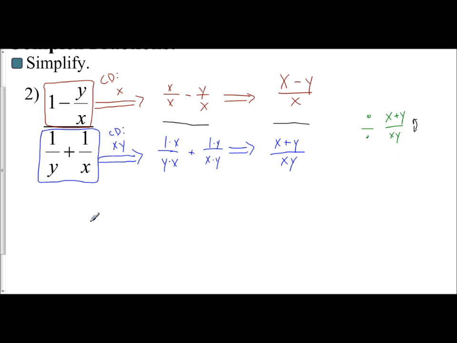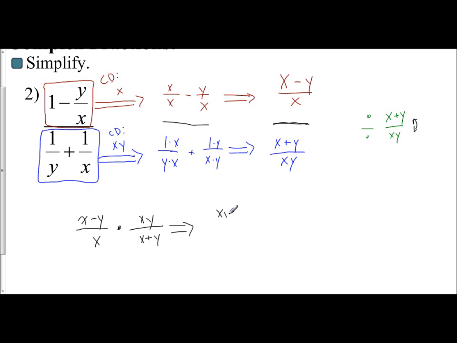So I have my original, x minus y over x. I'm dividing by this fraction, so I flip and multiply. The xy goes to the top, and the x plus y goes to the bottom. And then I just multiply.